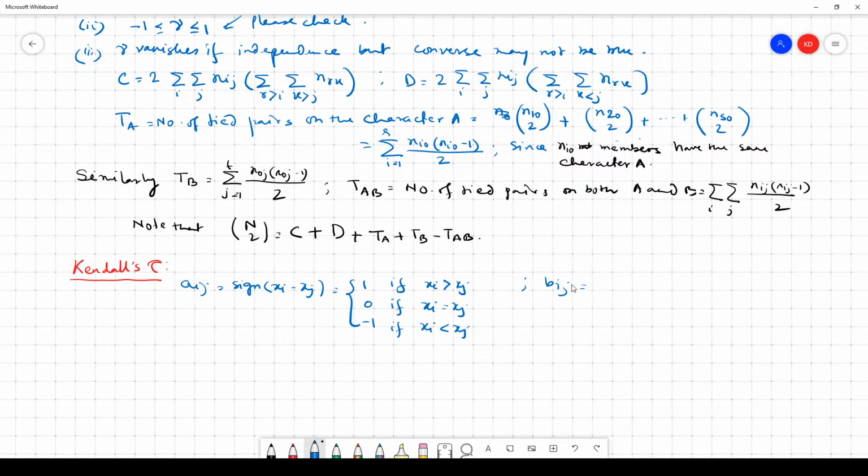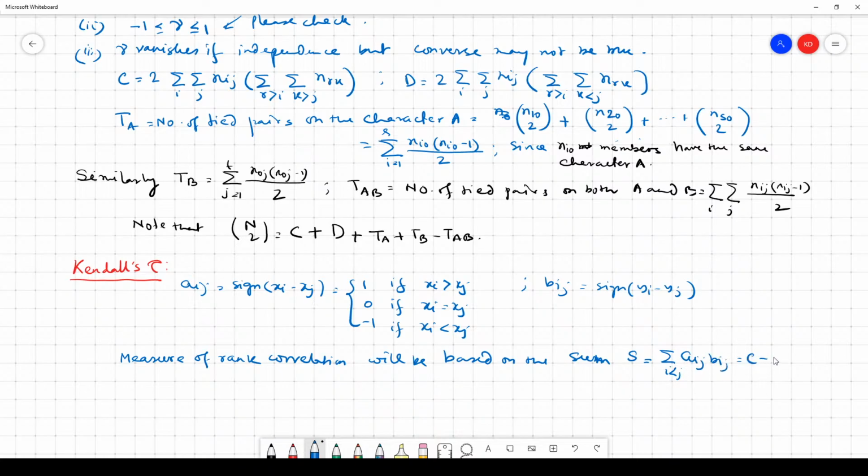Similarly, we define B_ij as the sign of y_i minus y_j. And then the measure of rank correlation will be based on the sum S, which is equal to the sum over i less than j of A_ij B_ij, which is nothing but C minus D, which is defined as total score.